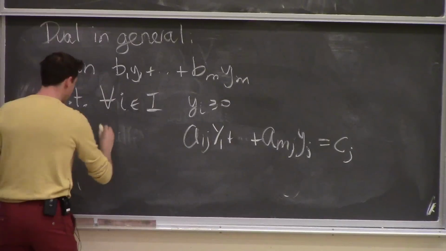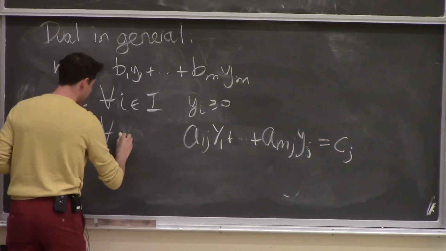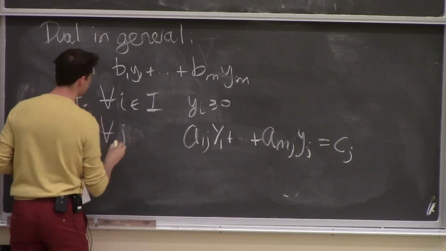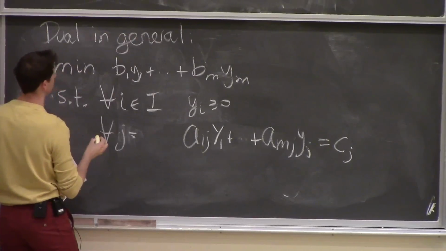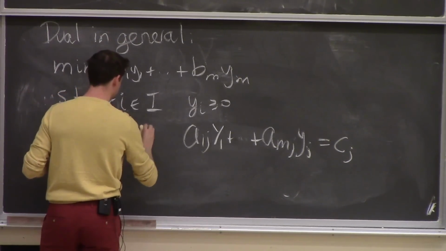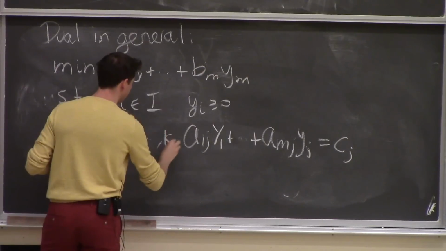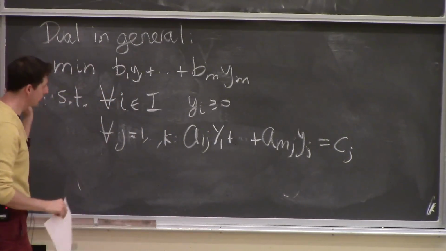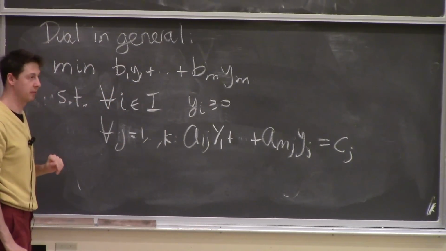Okay? And what I could do is say for j going from 1 through k, just make all of them equal to Cj, right?